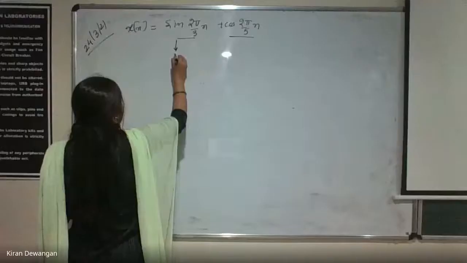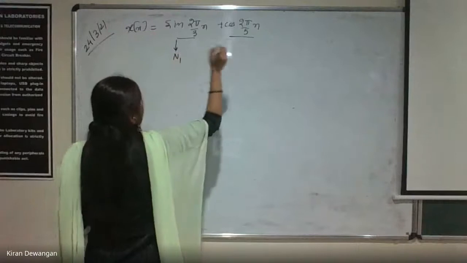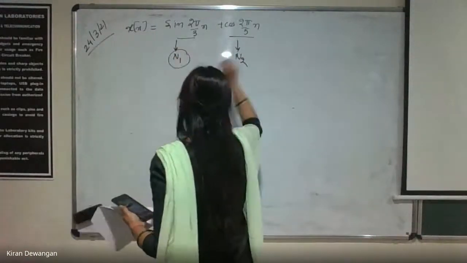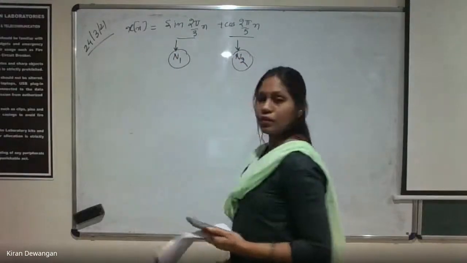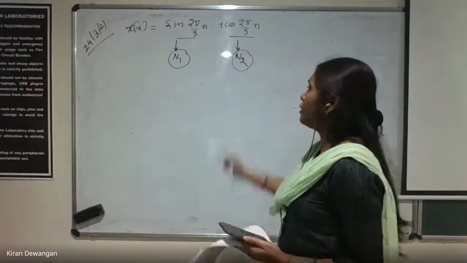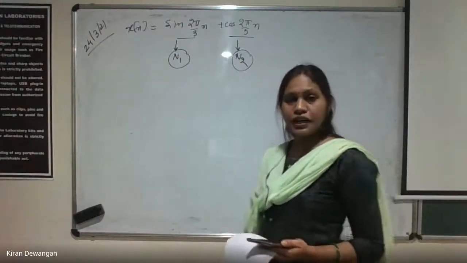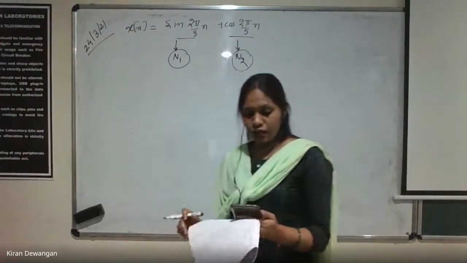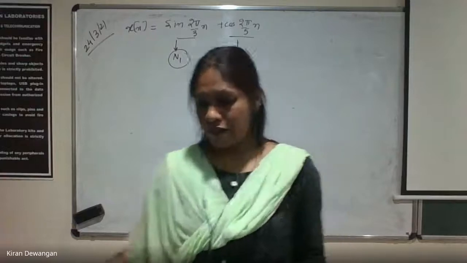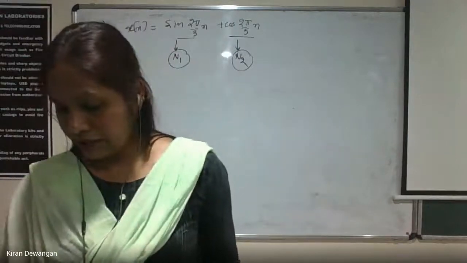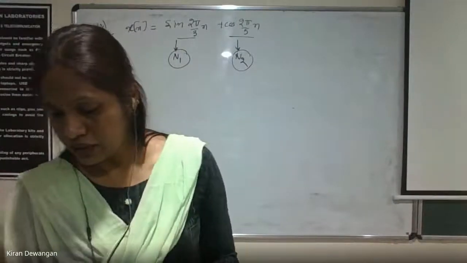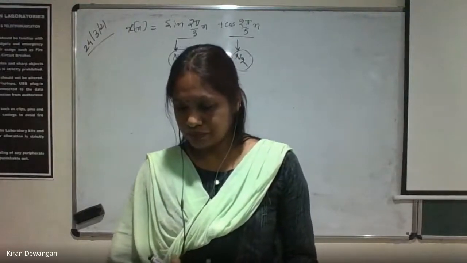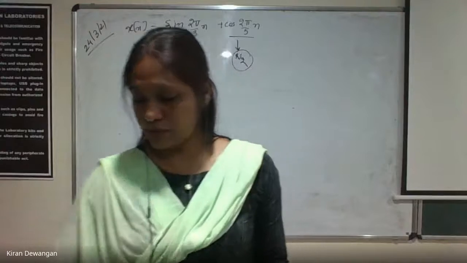We will calculate n1, and we will calculate n2. That is the fundamental period of this one and the fundamental period of this one. And then finally we'll calculate. Calculate it and tell me what it comes to. What would be the fundamental period of the signal given? Sine of 2 pi by 3n plus cos 2 pi by 5n.